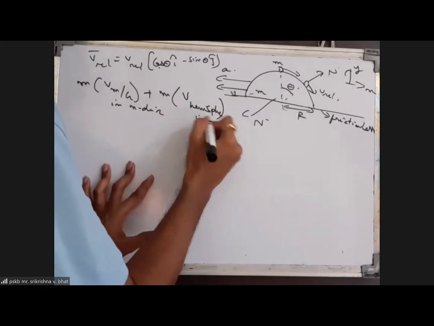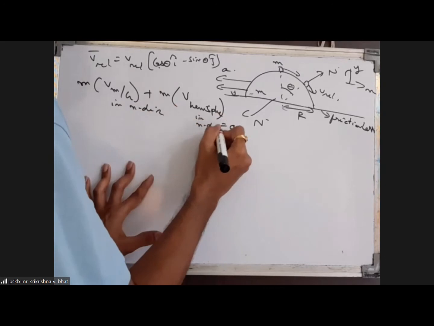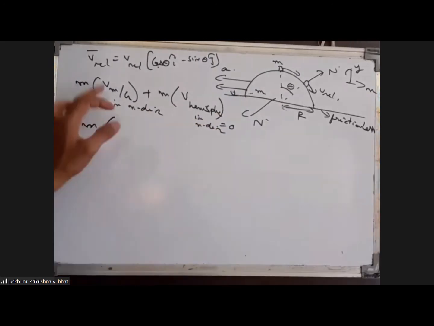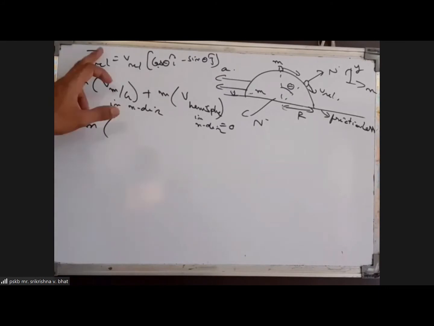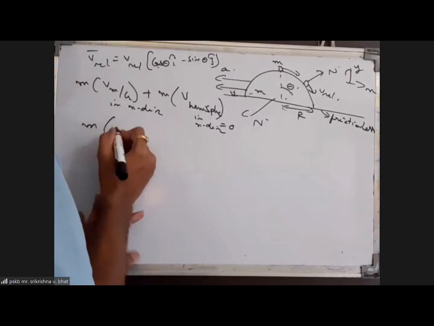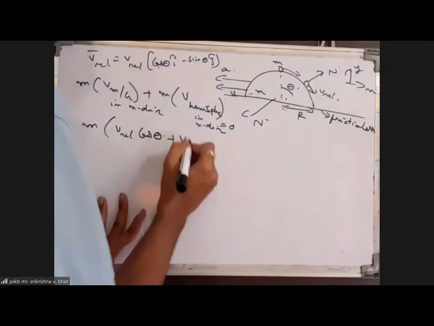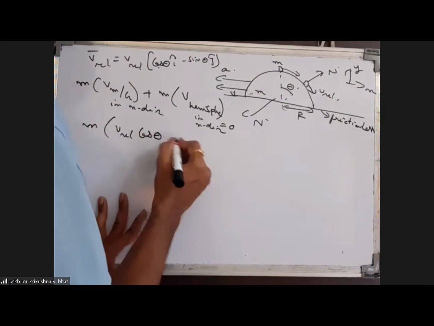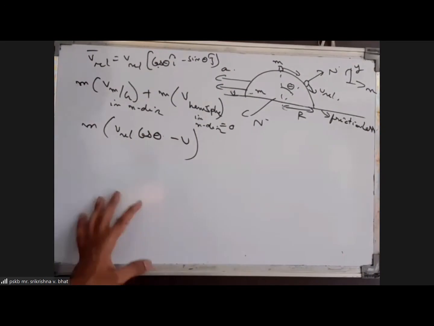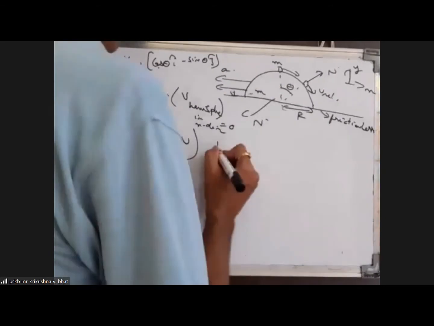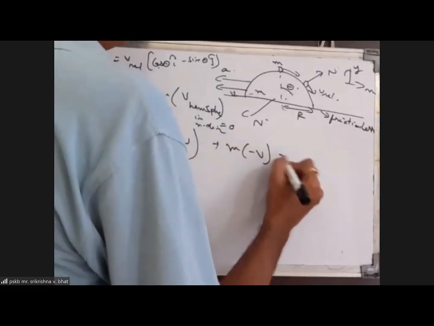In the x direction, we can use momentum conservation. This is going to give you m into the velocity of the small mass with respect to ground, which is the velocity of small mass with respect to the hemisphere, v relative cos theta, plus the velocity of the hemisphere, which we take as minus v, plus the big M into minus v equal to 0.